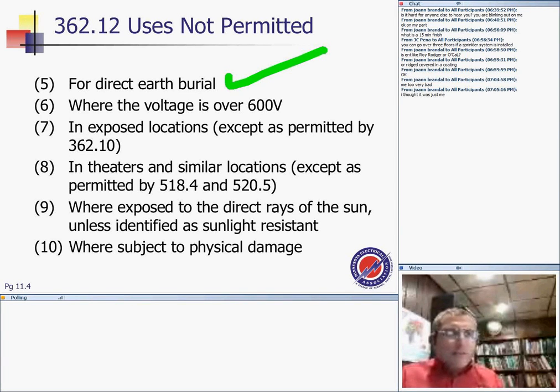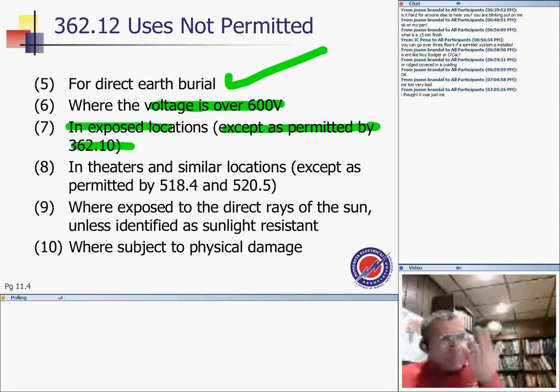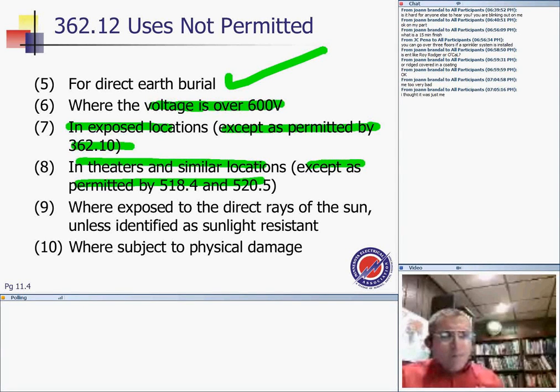Limitation of the voltage: up to 600 volts, which will cover 208, 120, 480, 277. In hazardous locations, except as permitted, and we know where it is permitted. Exposed to direct sunlight, unless it is identified.